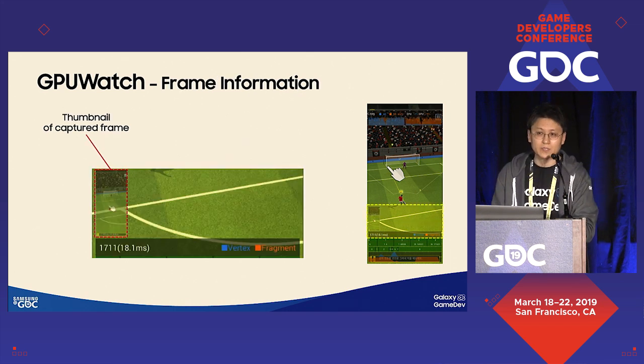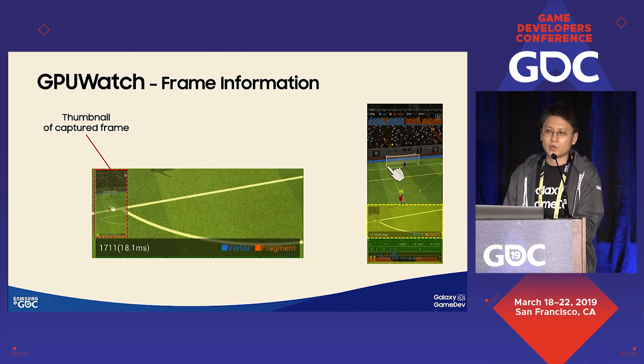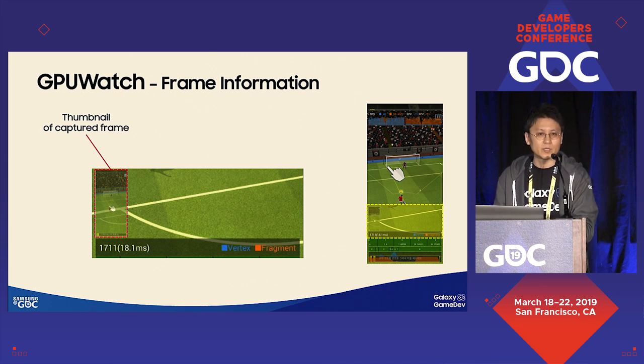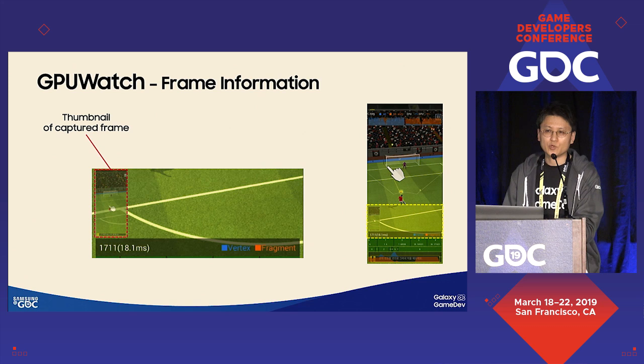And next, on the bottom of the screen, there is GPU profiling information. This information is frame unit. So for this, GPUWatch captures a specific scene.